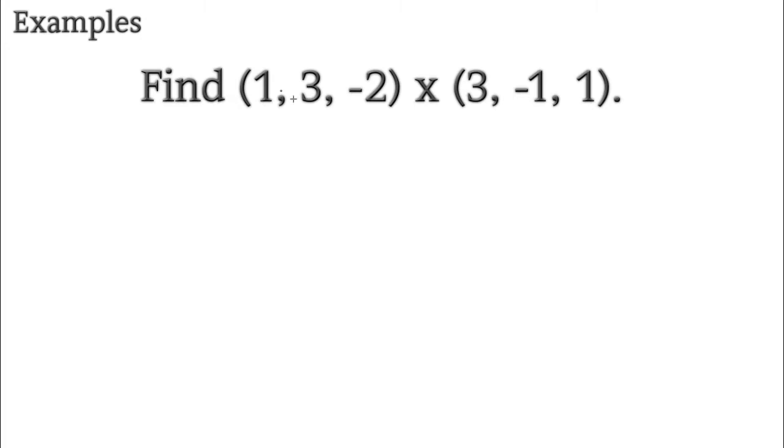For now, to do a cross product, we have initially a direction i, a direction j, and a direction k. So these three are the respective unit direction x, unit direction y, and unit direction z.